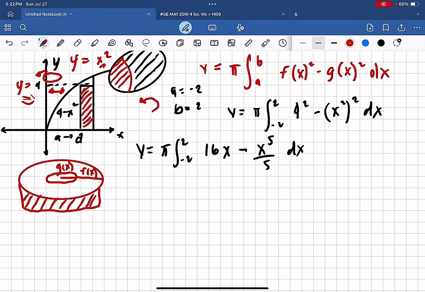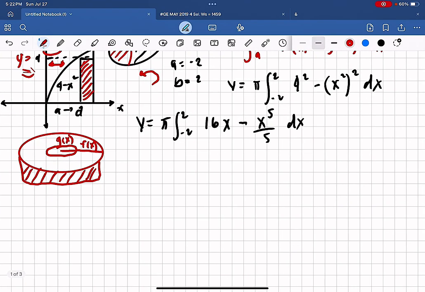So then let's continue. Substitute the values of the limits.